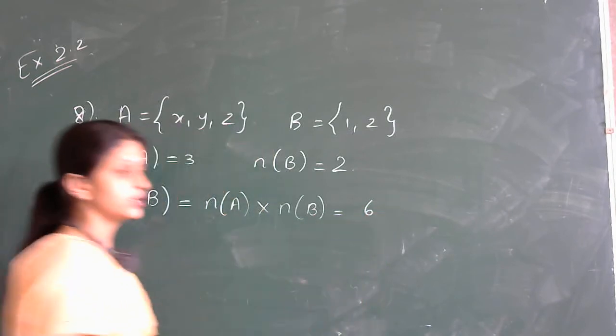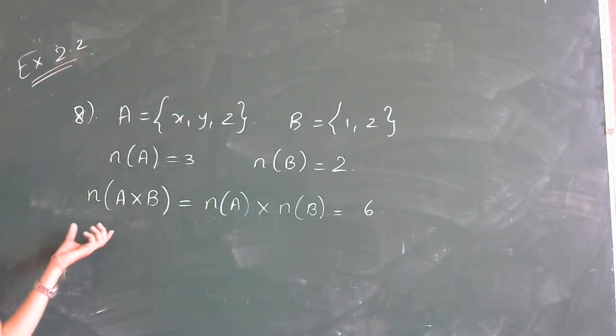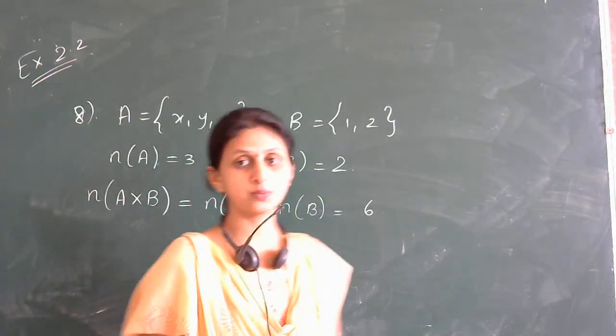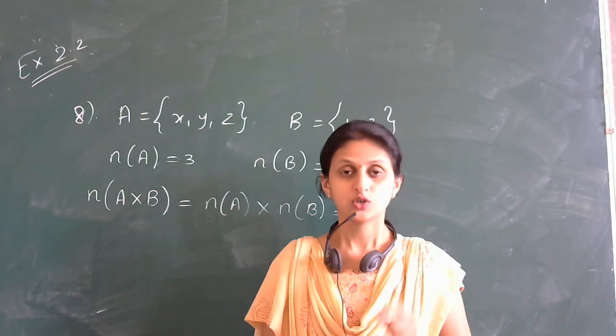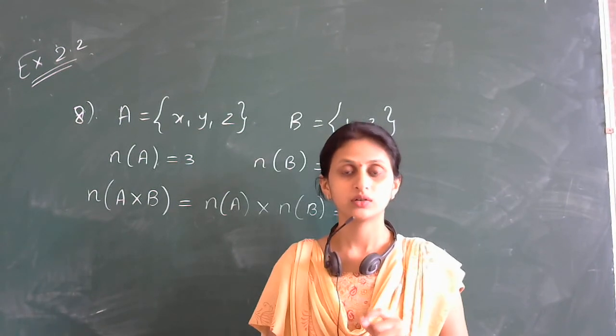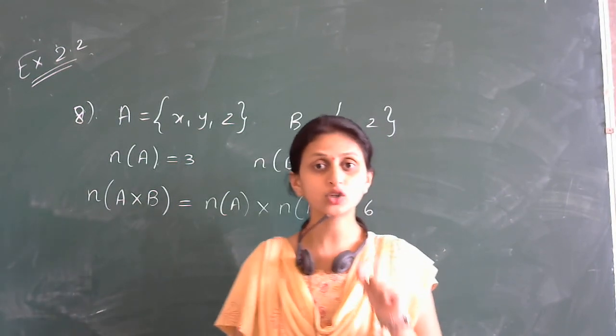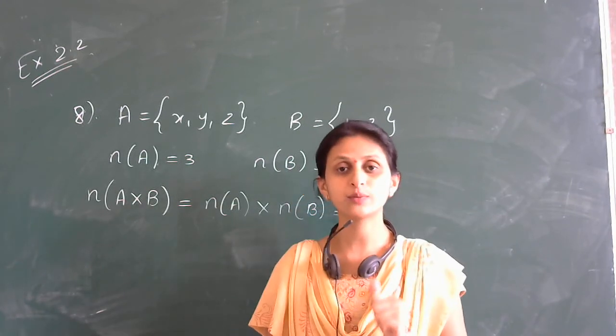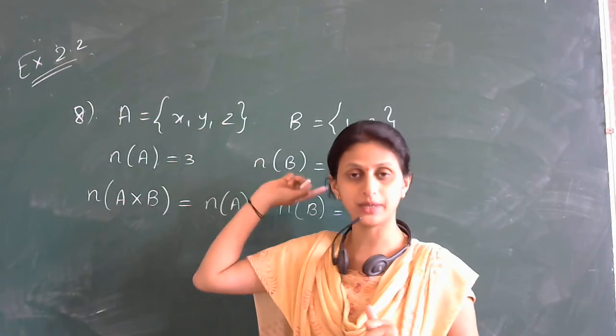So we have 6 elements in the Cartesian product A cross B. So what is a relation? A relation is nothing but a subset of the Cartesian product, right? So they are asking us how many relations are possible from set A to set B.